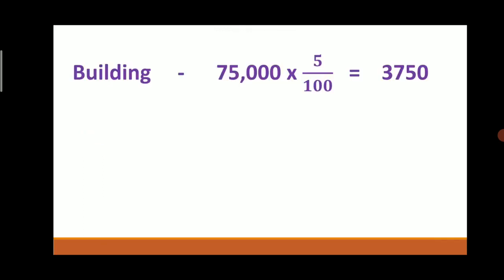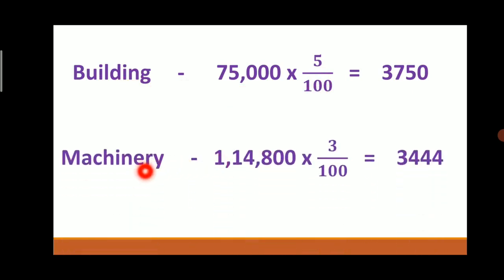Building's cost is 75,000, so at 5% you will get a depreciation amount of 3,750 on building. On machineries, we take the actual price in the opening balance into 3 upon 100, meaning 3%, and we get 3,444. So these are the depreciation amounts we got on building and on machinery.